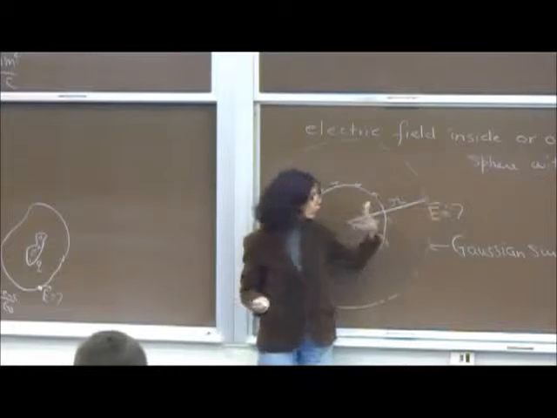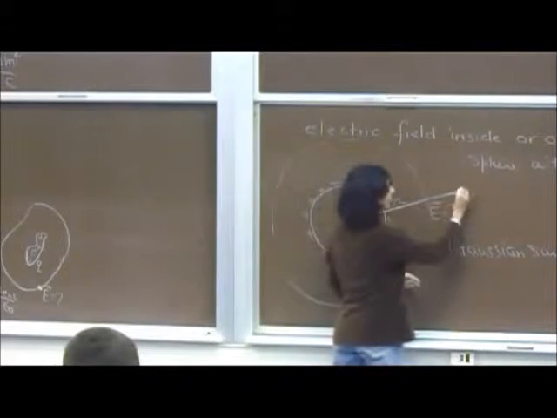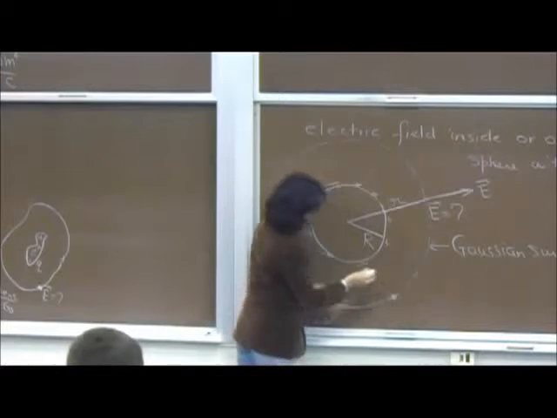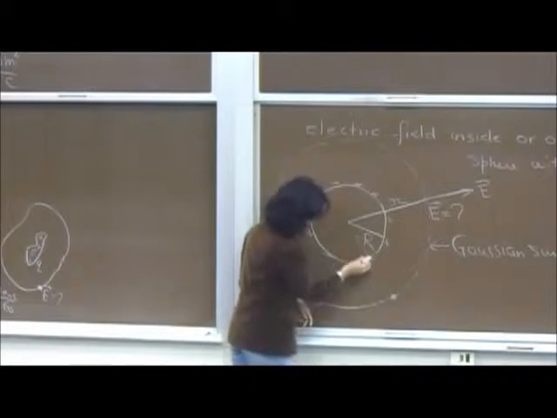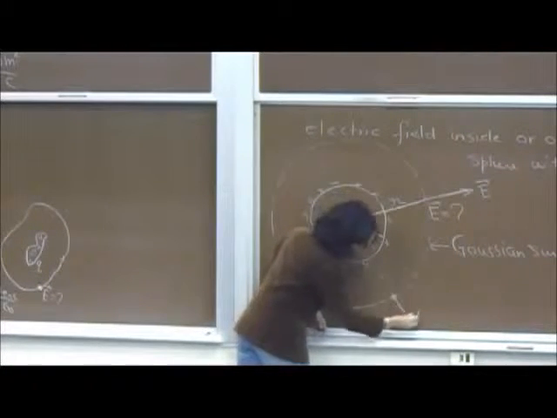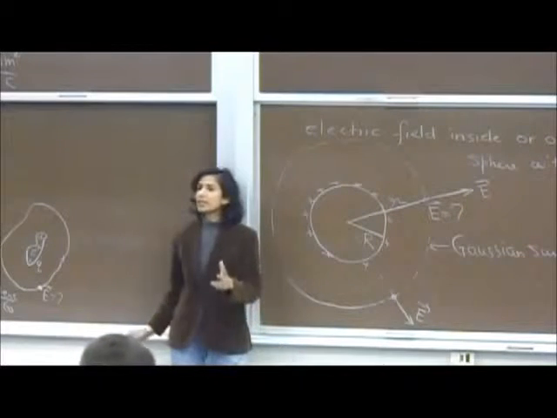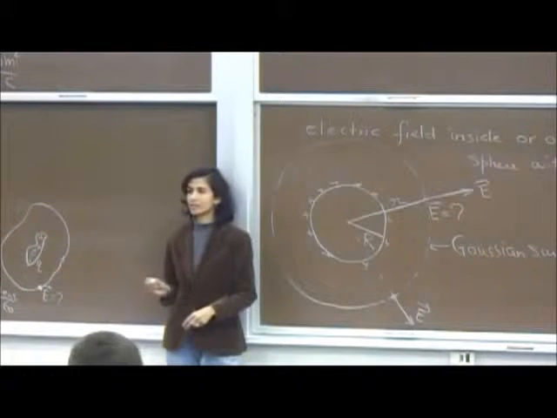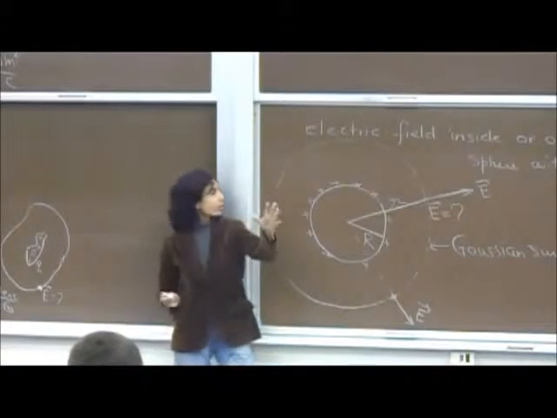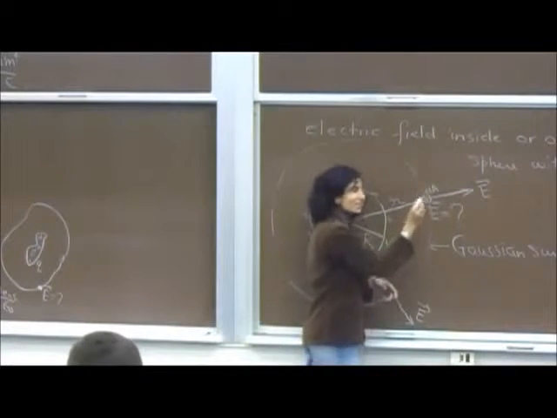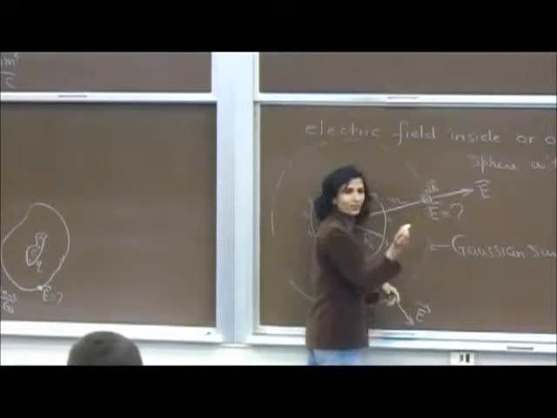So we already know the electric field at this point should be radial this way, the electric field at this point on the Gaussian surface should be radial this way, etc. If that's true, what is the angle between the electric field and the area vector? What is the direction of the area vector at this point, little dA? Which direction is it? Very good.